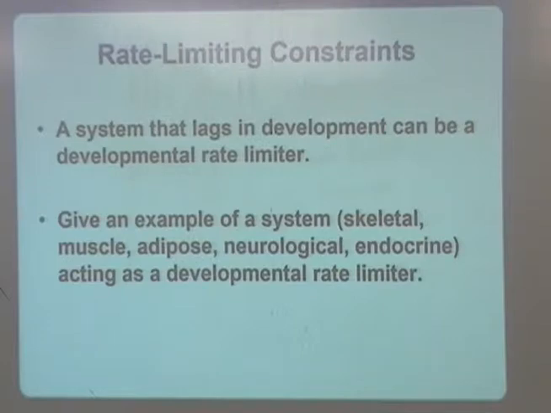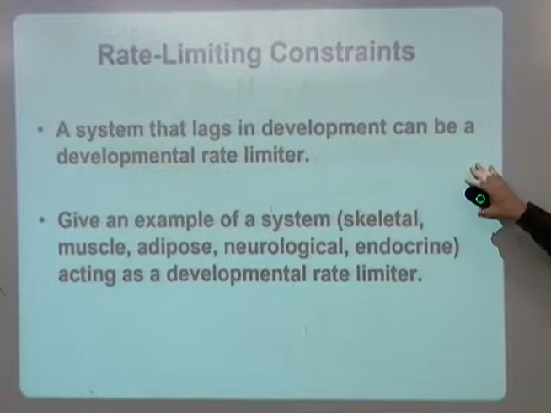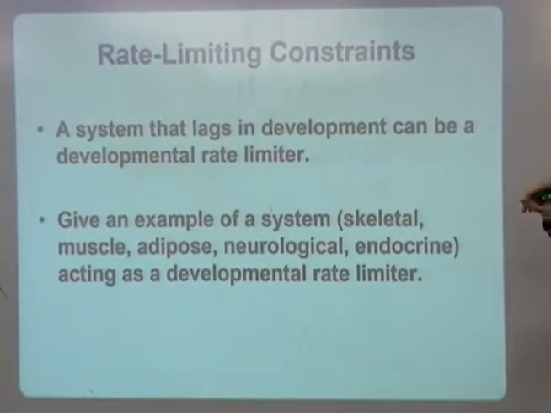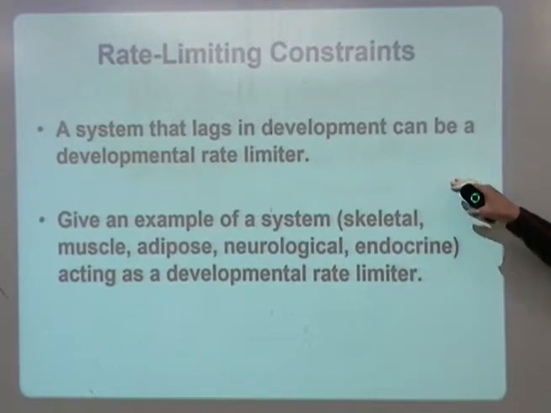So we mentioned the term rate limiter a week or so ago, so just a reminder that a rate limiter is a system that lags behind in development when we're looking at the younger end of the age spectrum. If we're looking at the older end of the age spectrum, it would be the system that deteriorated first and had an impact on the movement pattern.